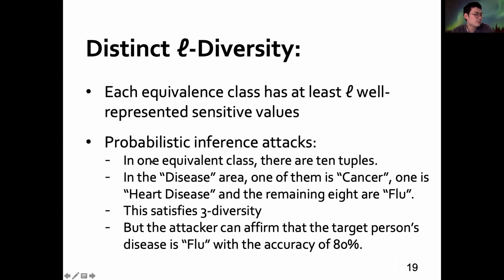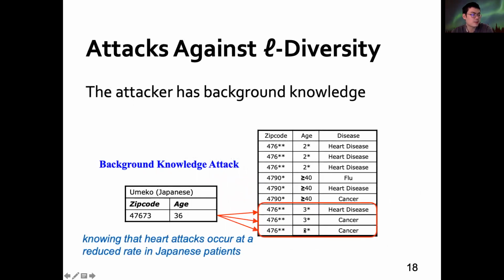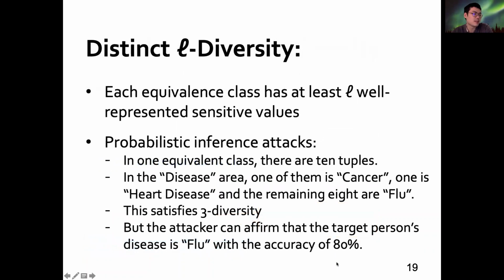But you can still do probability inference attacks, just like we said, right? Originally, you know that with 2/3 probability Yumeko has cancer, and now you know that Japanese are less likely to have heart disease. Yumeko most likely, maybe 90%, has cancer.